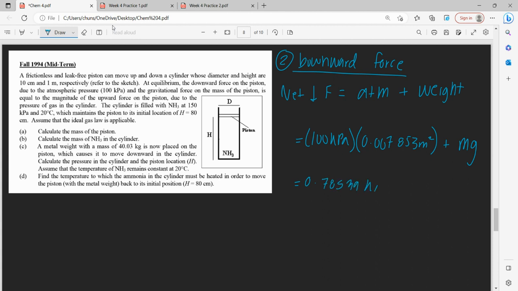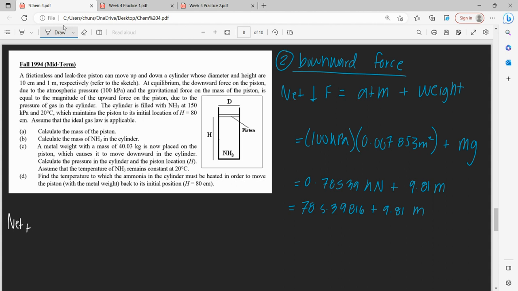So it's 0.78539 kilonewtons plus 9.81 times our mass. And let's just turn this into regular newtons. So this is 785.39816 plus 9.81 m. Okay, so now we want our net forces.